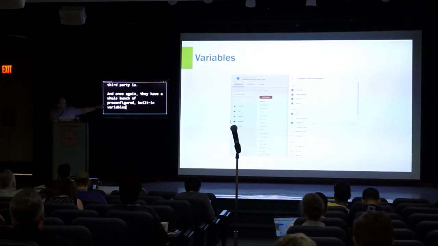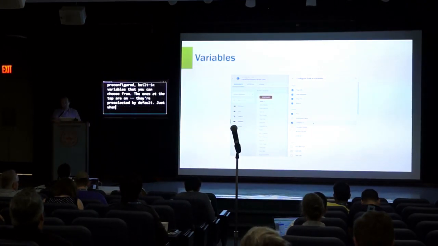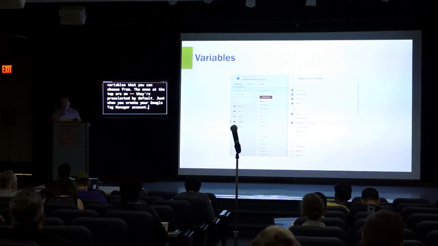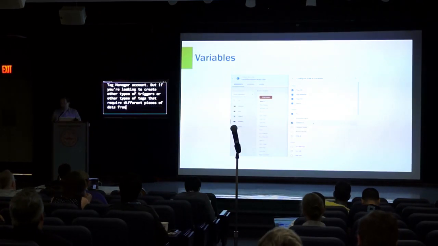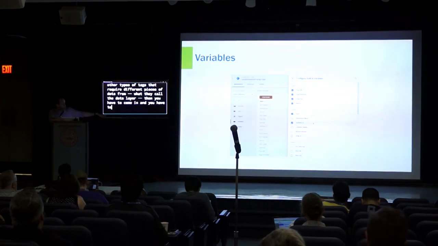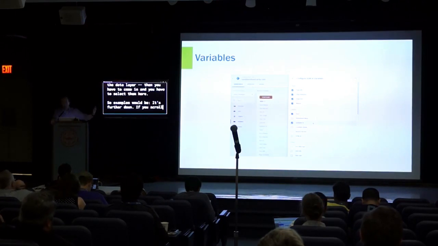The ones at the top are pre-selected by default when you create your Google Tag Manager account. But if you're looking to create other types of triggers or tags that require different pieces of data from what they call the data layer, then you have to come in and select them here. Examples, further down if you scroll, would be forms.